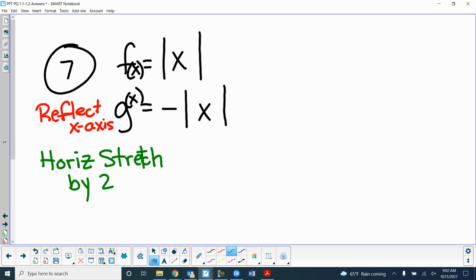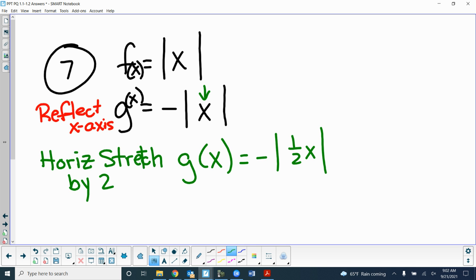The reciprocal, right? And we're replacing the x. All right? So g of x, we have that negative, and then absolute value. Then we can change that to 1/2 x. Okay? And then down 4 was the last part.